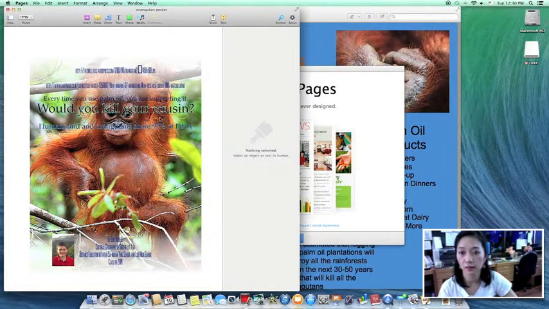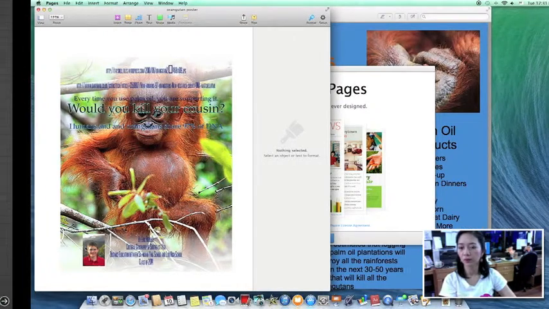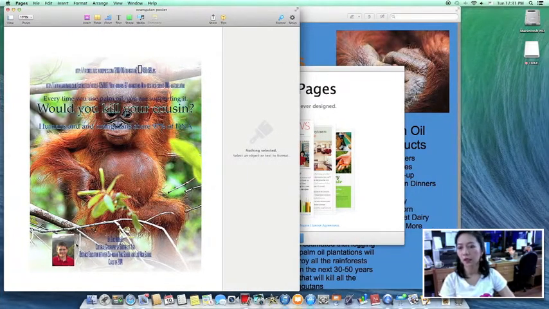Would you kill your cousin? Humans and orangutans share 97% of DNA. See? And this is what you have to do as well. You have to put your name in it. You have to state what subjects you're doing, like cultural geography of Southeast Asia, and you put your face, your picture in it. That's only one example of how you create this poster.